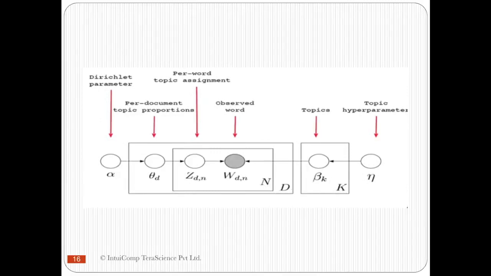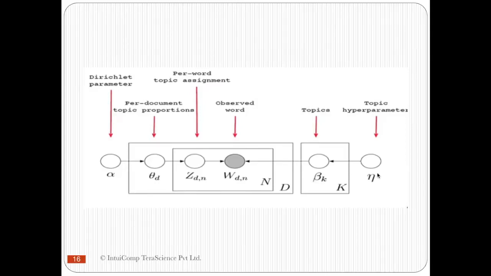This is the complete model of LDA. As you can see, to get WDN, which is the observed word, we need beta k for all k, and we need ZDN. For ZDN, we need theta d, and for theta d, we need alpha, and for beta k, we need eta. So now, what is alpha and eta?